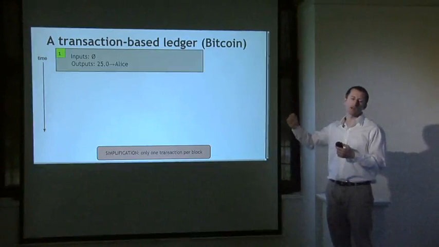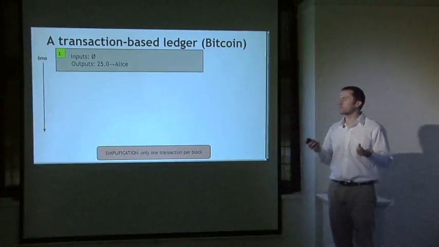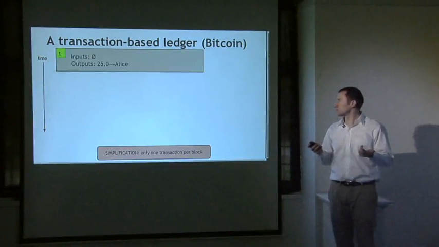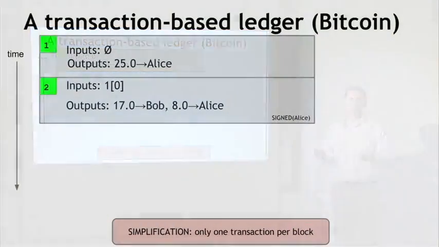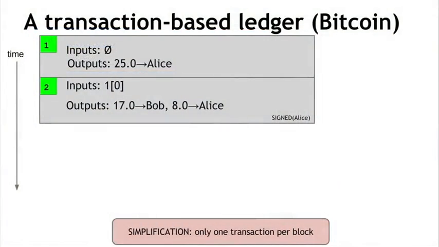25 coins going to Alice. And again, since this is a transaction where new coins are being created, there's no signature required here. Now, let's say that Alice wants to send some of those coins over to Bob. Well, now she has to explicitly refer to the previous transaction where these coins are coming from.